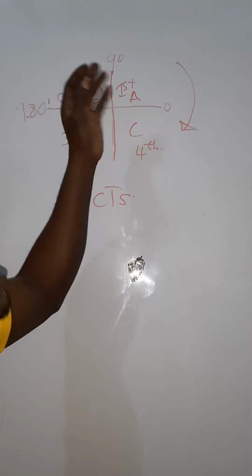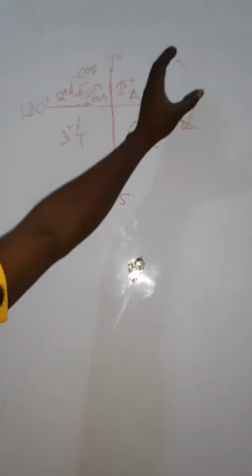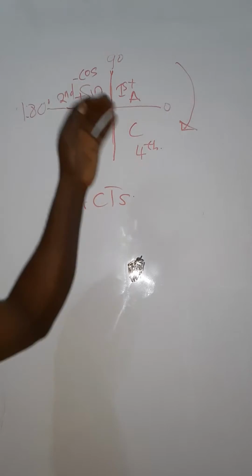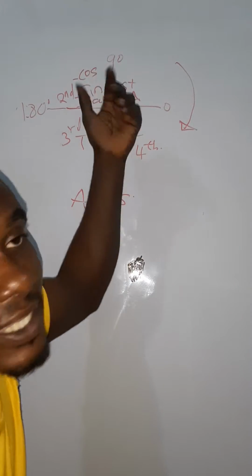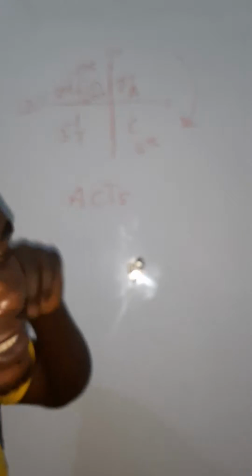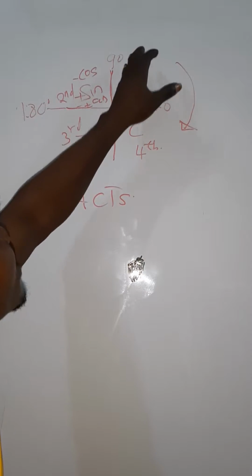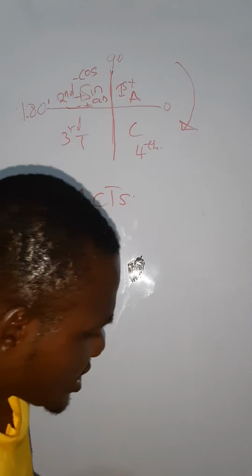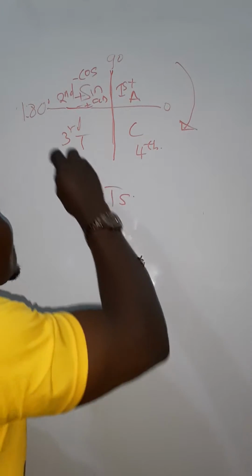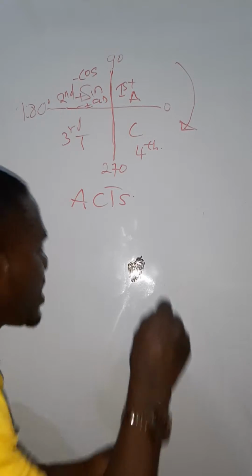And don't forget that in the first quadrant, all the identities cos, sine, and tan are positive. But when you come to the second quadrant, it is only sine that is positive, and cos and tan are negative. So we're having 90 to 180. Now when you come to the third quadrant, which is from 180 to 270, what do you have?